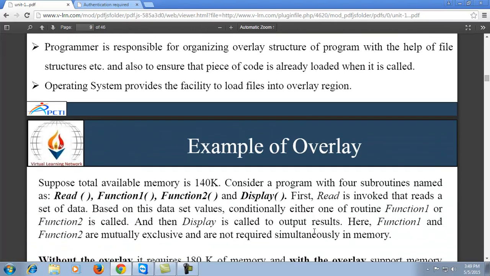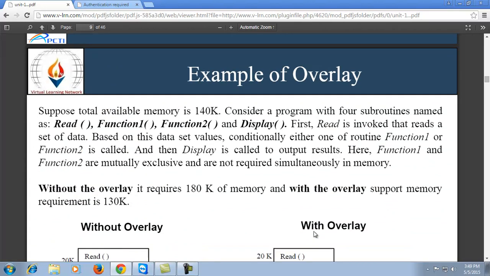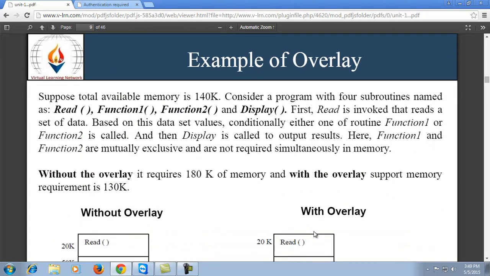Now, an example of overlay. Suppose the total memory available is 140 kilobytes. Consider a program with 4 subroutines named read, function 1, function 2 and display. First, read is invoked, which reads a set of data.